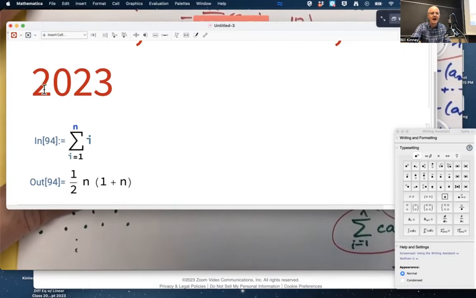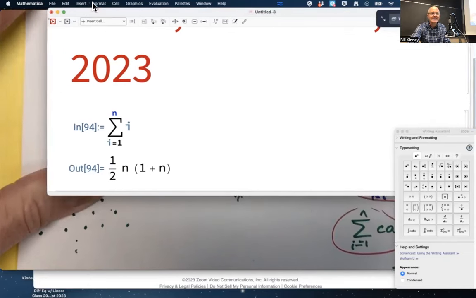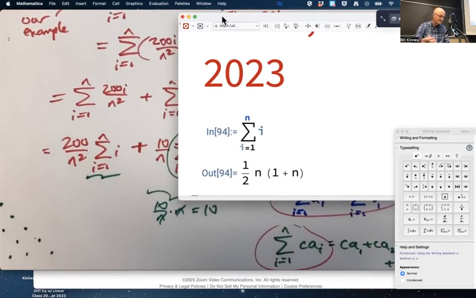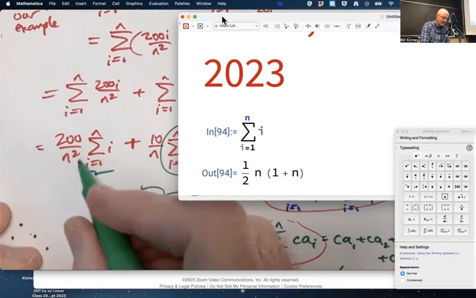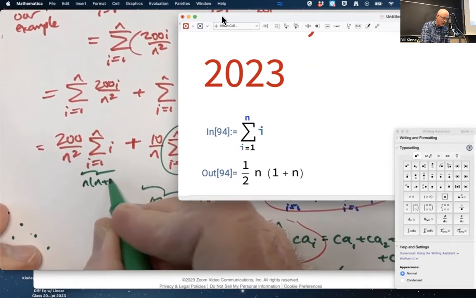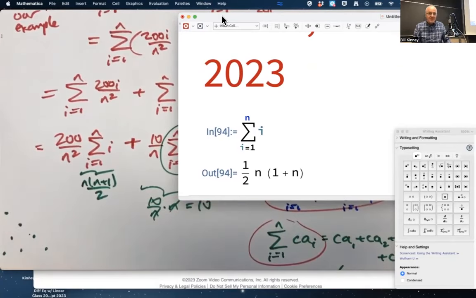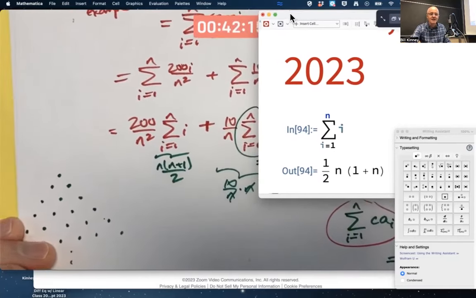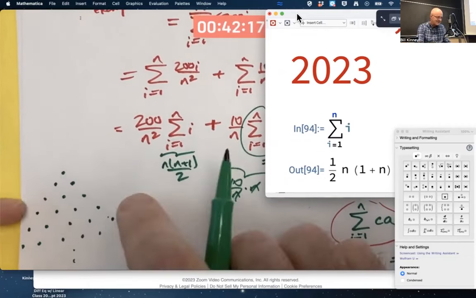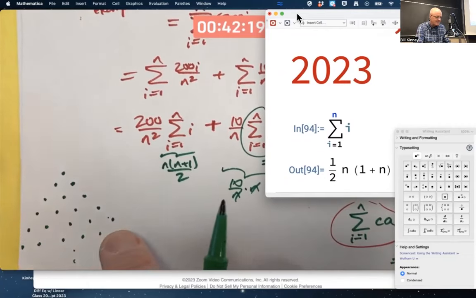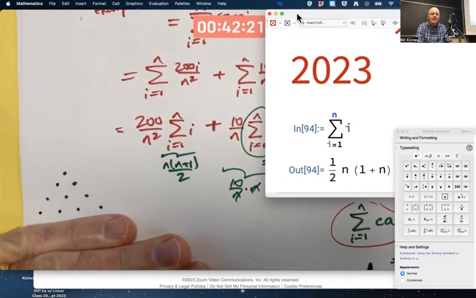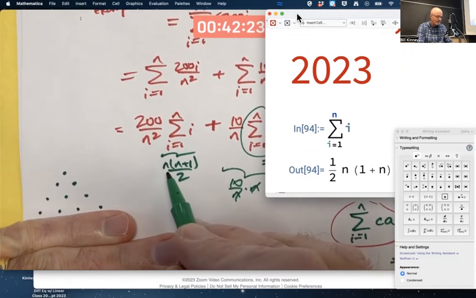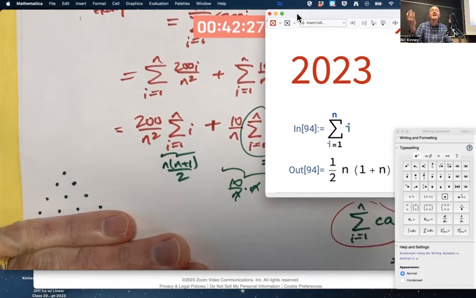Or a more typical way I write that by hand is n times n plus 1 over 2. Does it work? Try it. When n is 4, so we get the bowling pins, this gives 4 times 5 over 2. 20 over 2 is 10.